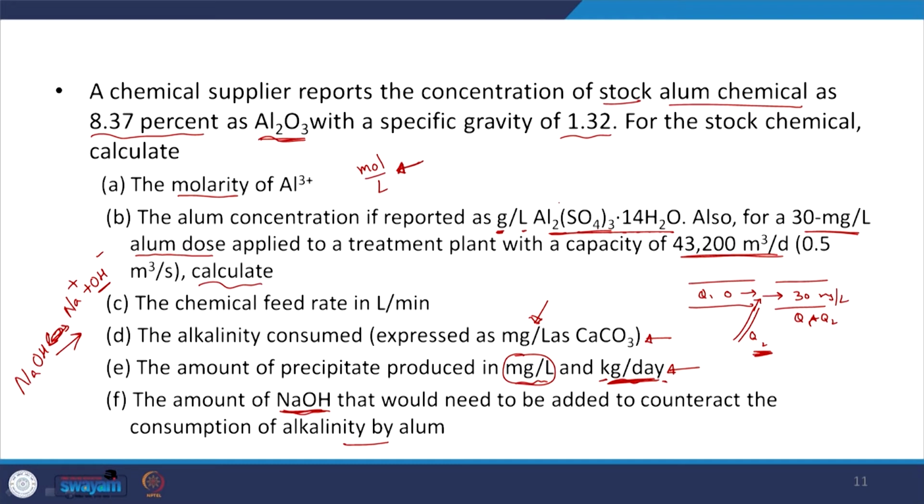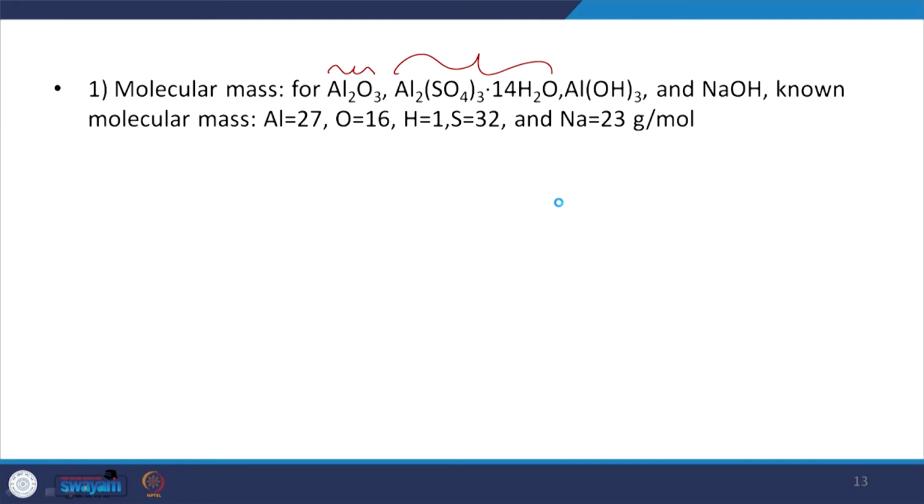How much of this will have to be added if I want to get a similar effect? And again, this is the solid. So, this is the solid in this context, it is not the complex. Again, we will calculate the molecular weight, and also of NaOH. And for that, molecular masses of the relevant elements Al3 plus, sulfur, sodium and such, we have them.